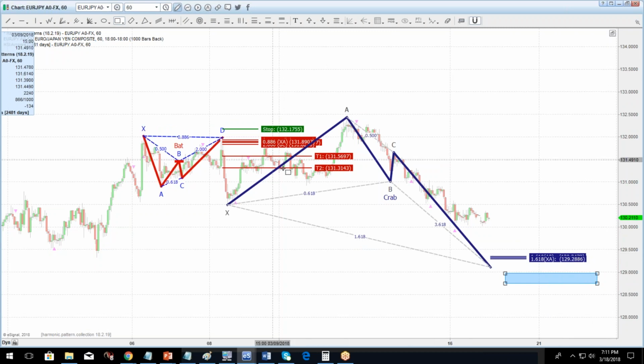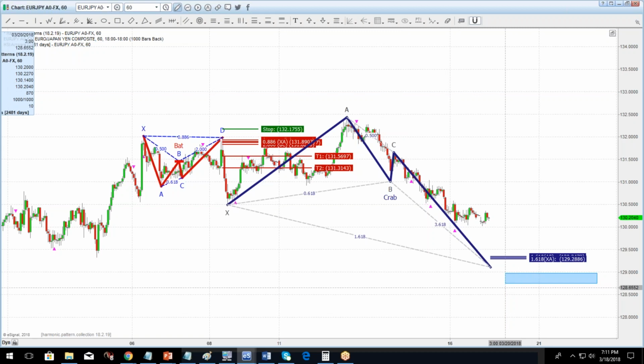Just another way to kind of respect the pattern framework, but understanding with this additional 1902, this is a pretty severe downdraft so far. And so this continuation, the likelihood of this thing to continue lower down to these measures and then throwing on top of that 1902 gives you an idea that we're still nowhere near any kind of a long position quite yet.